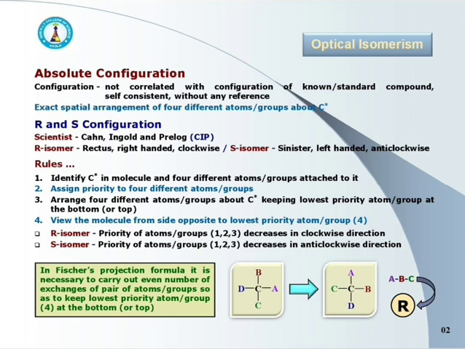Third rule is to arrange the four different atoms or groups about the asymmetric carbon atom, keeping the lowest priority group, or the fourth priority atom or group, at the bottom.